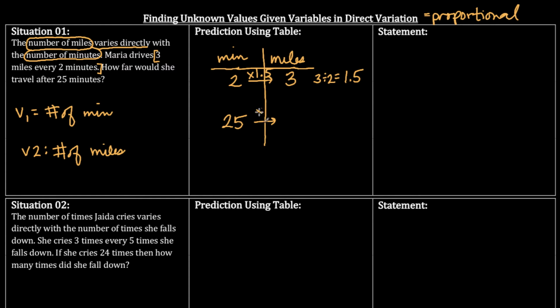So 25 times 1.5, let me just make sure I'm not doing this wrong. 25 times 1.5 is 37.5.